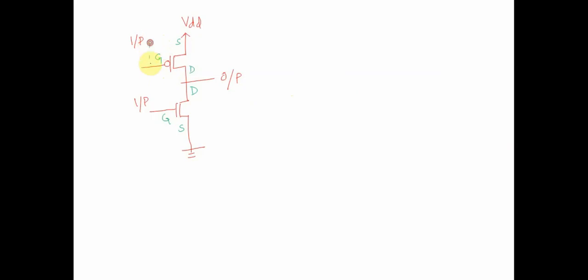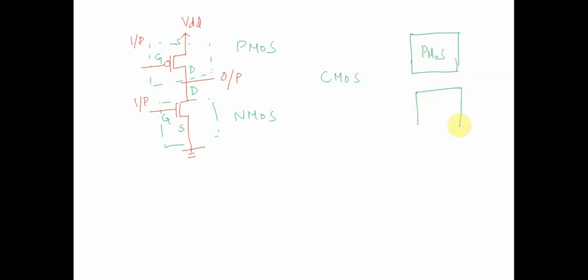And if we say this is a PMOS circuit, this is an NMOS circuit. So what we can simply say is a CMOS circuit is something like PMOS at the top, NMOS at the bottom, output, and we have inputs over here.